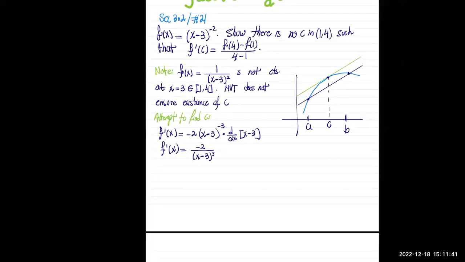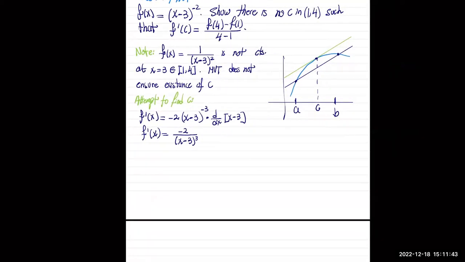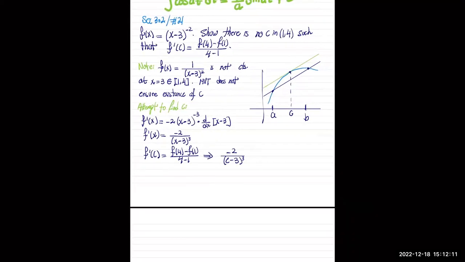All right, so let's now set this equation up. f prime is -2 over (x minus 3) cubed. I'm going to replace x with c, so (c minus 3) cubed. Again, this is f prime of c.